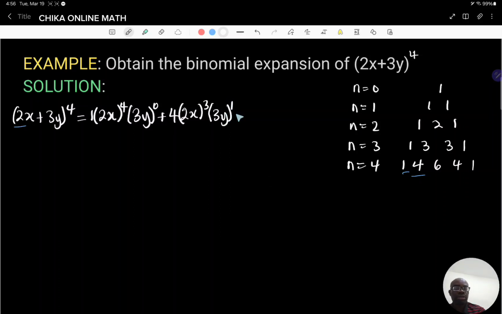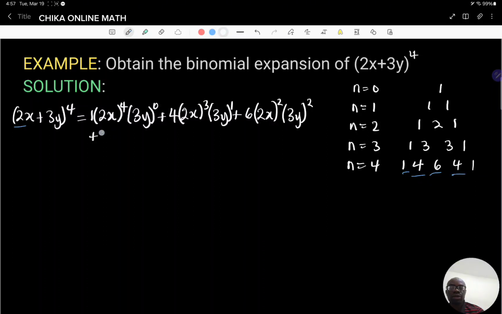Plus the next coefficient, which is 6. Then 2x, the power will decrease by 1, so from 3 it will jump down to 2. Then 3y, the power will increase by 1, so from 1 it moves up to 2. Then plus the next coefficient, which is 4.